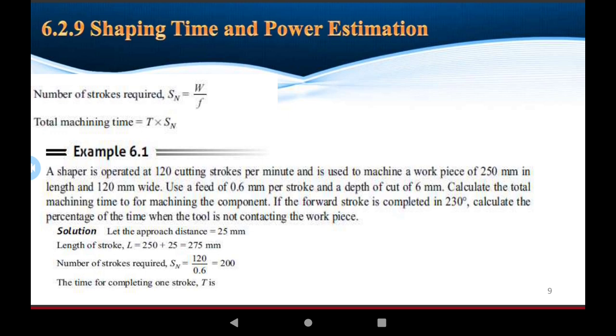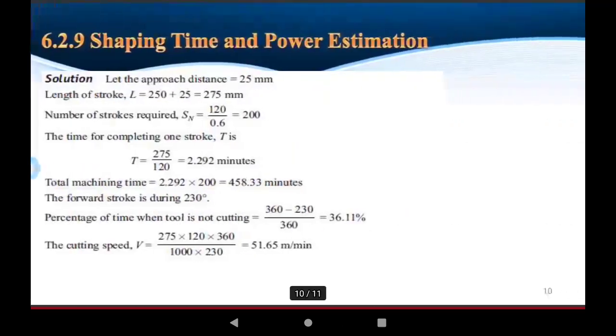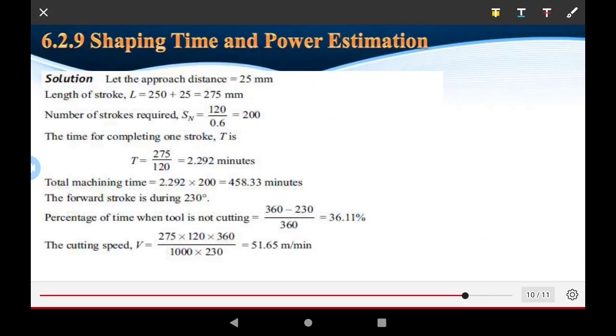Okay, the time to complete one stroke is T equal to total length 275 upon the number of strokes required.